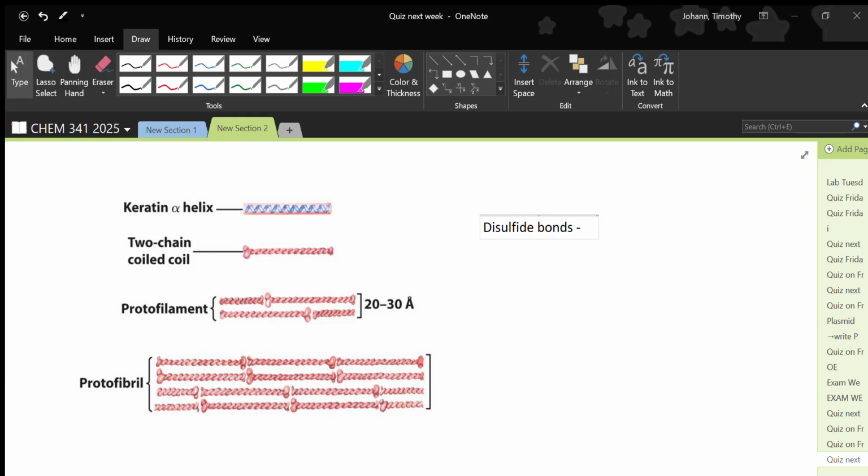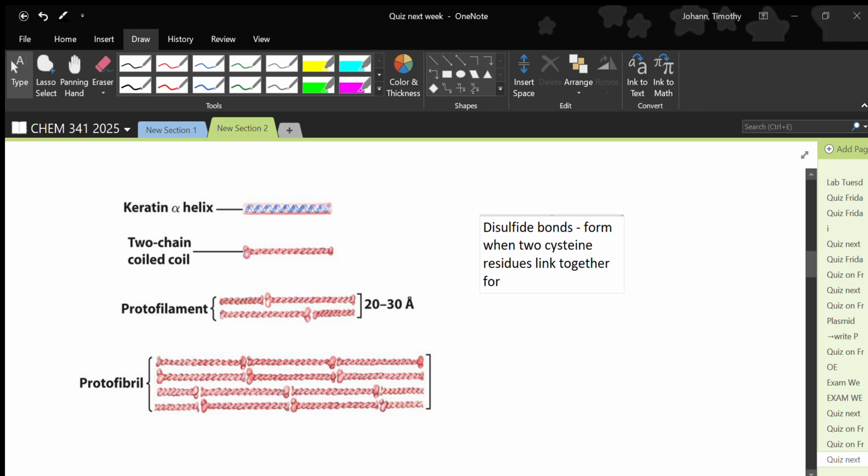These form when two cysteine residues link, and they're going to form a covalent bond when they do that. This is a structure that will hold proteins in their shapes.